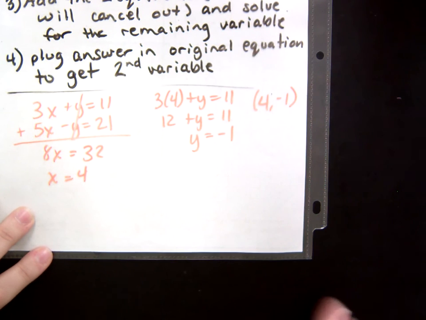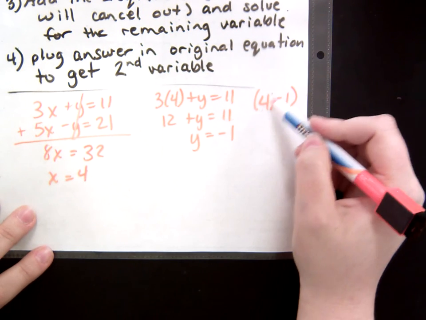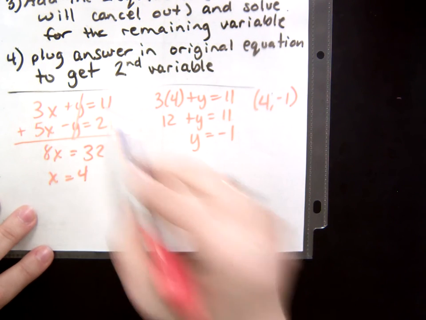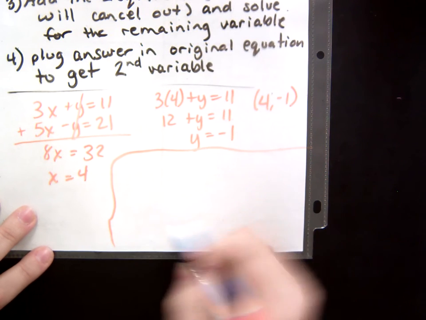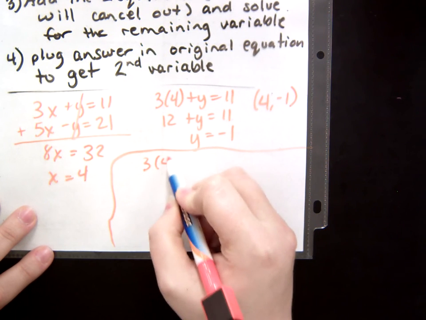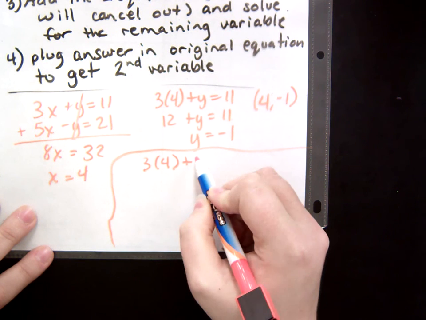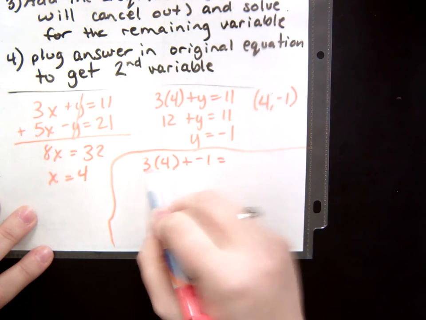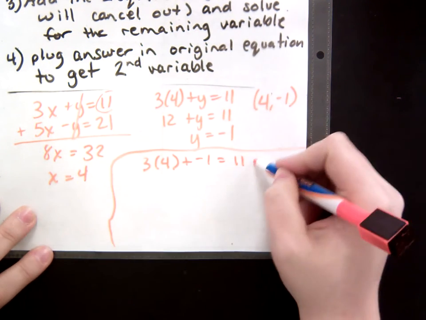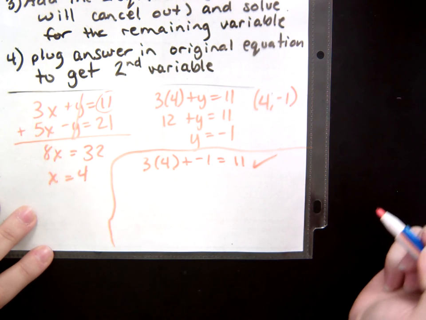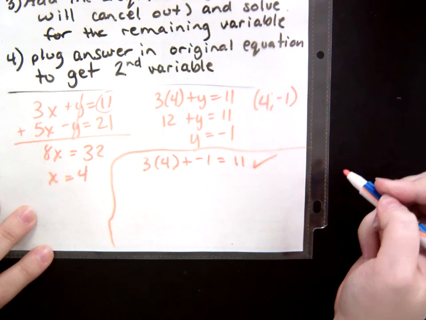The way you check yourself is you plug in the numbers to both of your equations. I'm going to do it down here. If I do 3 times 4, my x value, plus negative 1, well, 12 minus 1 gives me 11. That's what it's supposed to equal. That one checks out. But it has to work in both equations.